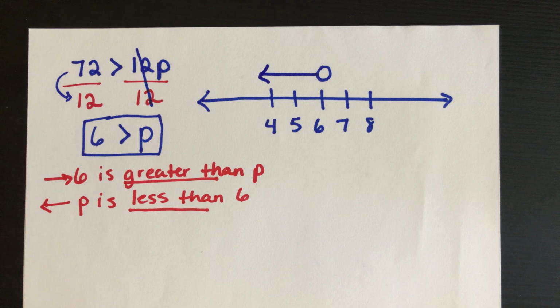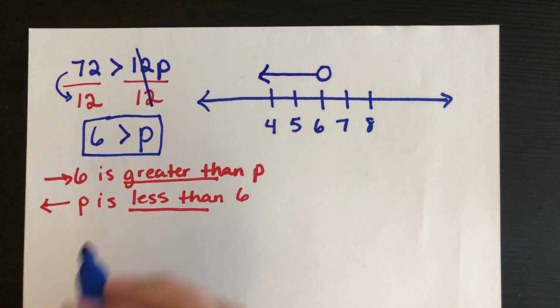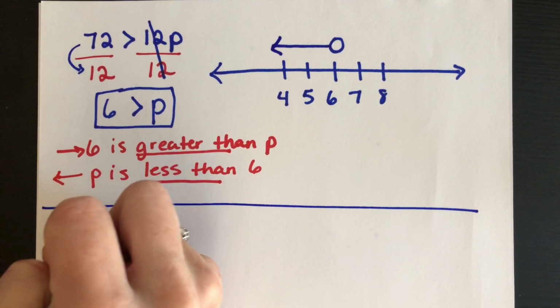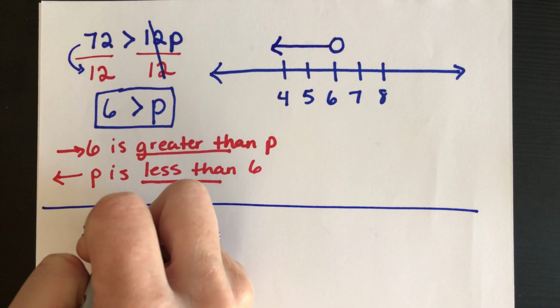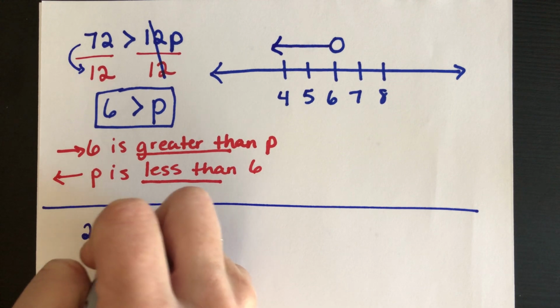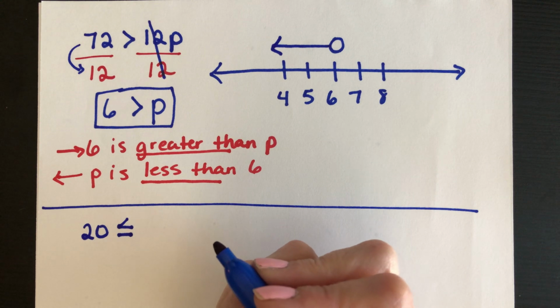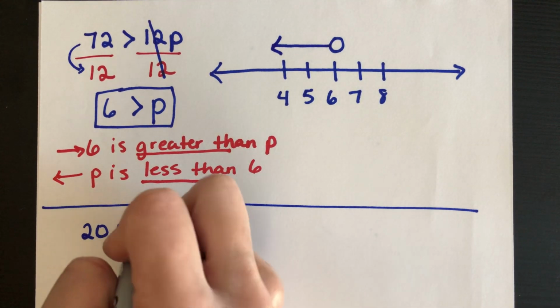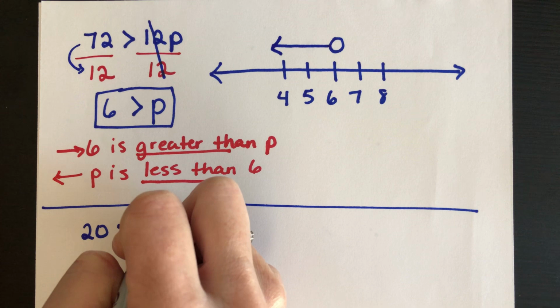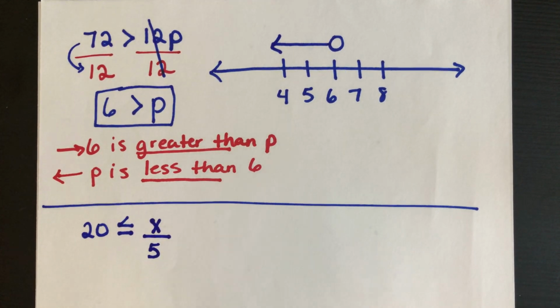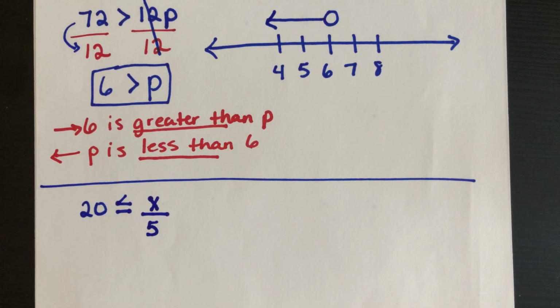So let's try one more, because I want to make sure that you guys are totally comfortable with this. 20 is less than or equal to x divided by 5.